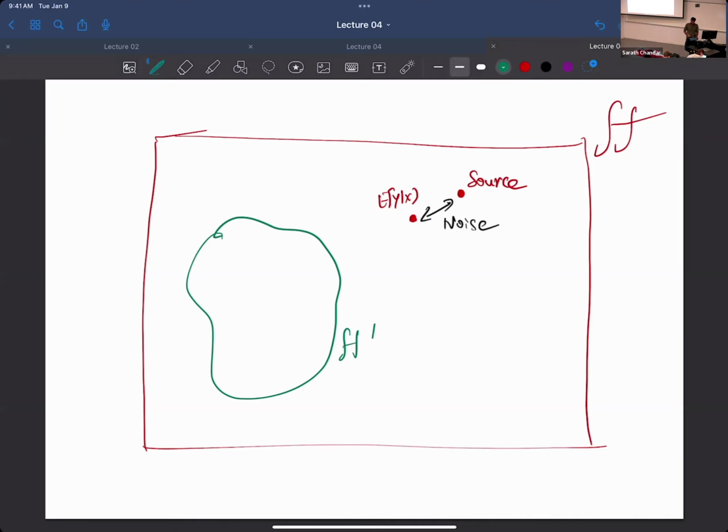Now, within this h dash, the best that I could do is, let's say, somewhere here, which is basically the expected value of h of x given d, averaged over all the data sets. This is the expected error. Now, this gap that you see here, this is the bias.